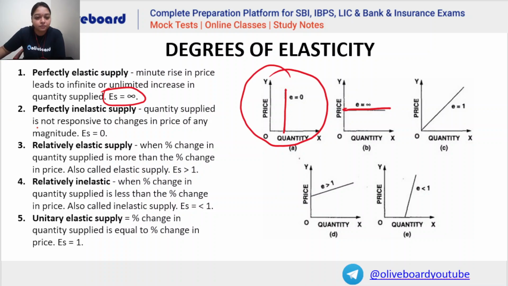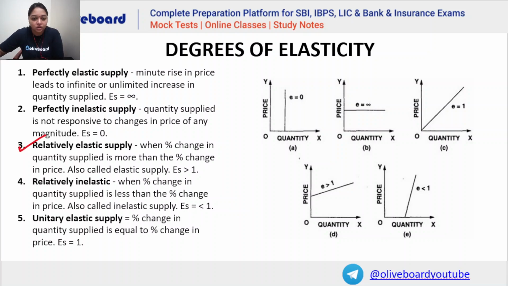Okay. Then what is relatively elastic supply? Relatively elastic supply means the percentage change in quantity supplied is greater than the percentage change in price, right? It is also called just elastic supply. This we call perfectly elastic, and this we call just elastic supply. Here ES is more than 1.